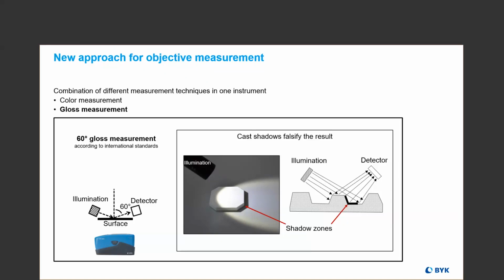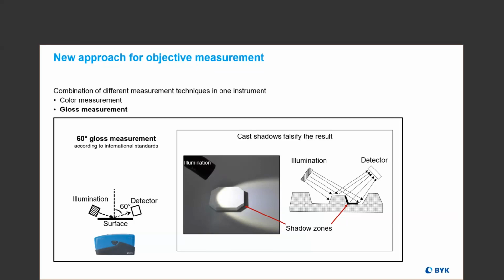Now, gloss measurement works well mostly for very smooth, flat surfaces, but there's a major issue when it comes to textured surfaces, and you can see what that is when you look at the diagram to the right. The fact is that structures in the surface are going to cause these shadows, and it's going to cause some of that light to be reflected away from the detector, even when it's not due to that light being diffused.